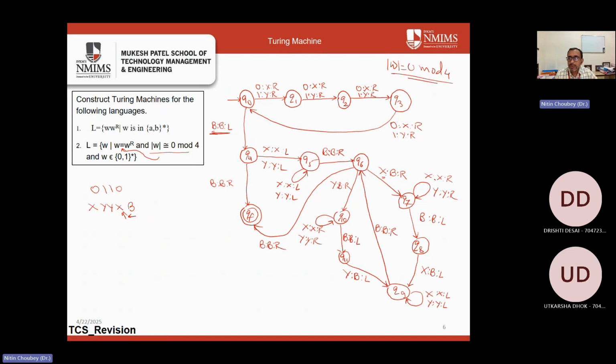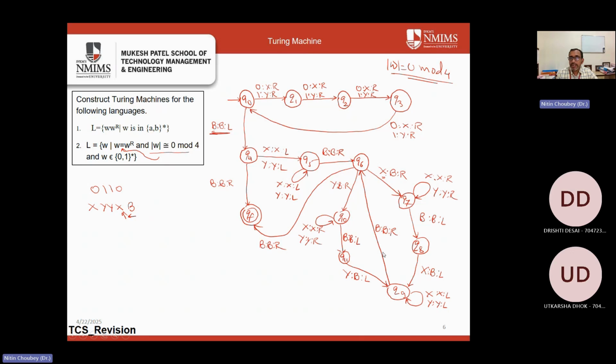If it is so, that means the length of string, although it was a multiple of 4, was not equal to 0. So we need this verification: does it follow the pattern WWR? For that purpose, we did this whole task ranging from Q6, Q7, Q8, Q9, Q10, and Q11.